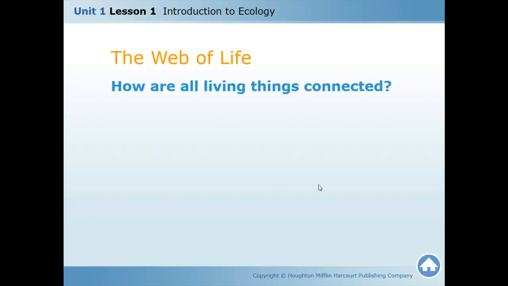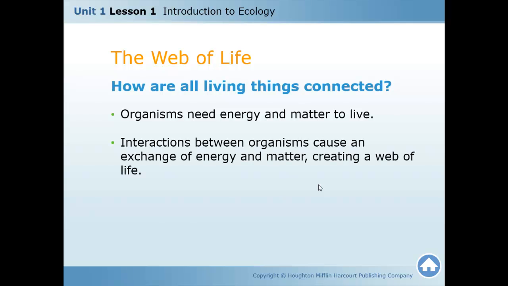Okay, let us start. Organisms need energy and matter to live. So, any living organism needs energy and needs a place to live. Interaction between organisms can cause exchange of energy and matter, creating a web of life.